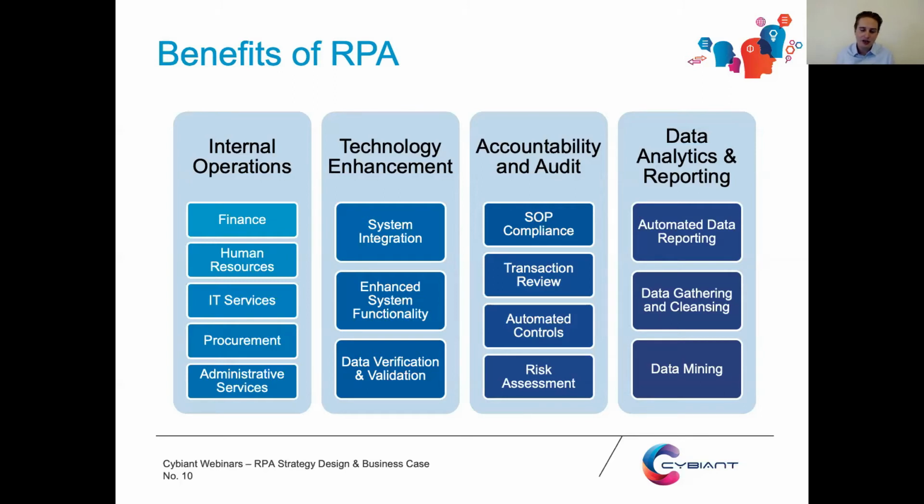In any large company, you always will have departments and operations that are primarily there to support business. Typical departments like that are finance, HR, IT services, procurement. And these kinds of business functions are all characterized by the fact that they're highly process oriented.